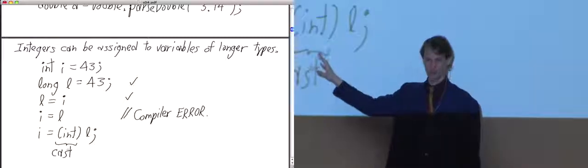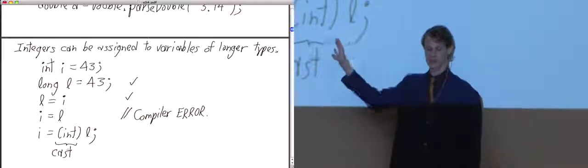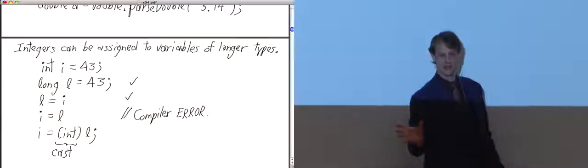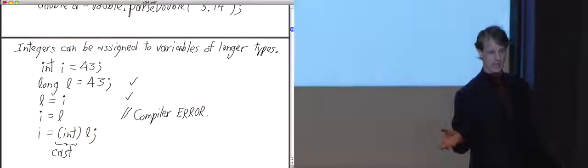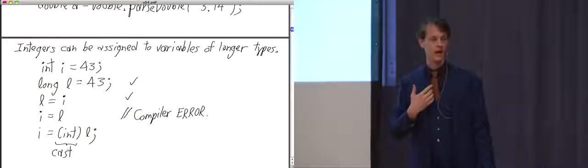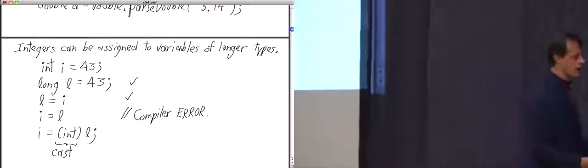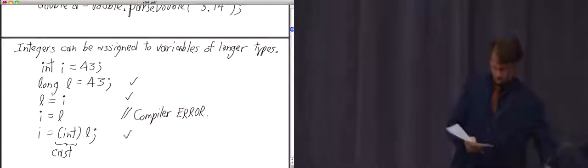And that's basically your way of saying to Java, I know what I'm doing, go ahead and let me store this big number in that small space, and if I lose bits because of that, I'm willing to handle the consequences of that. And so if you make Java that promise, then Java will let you do that.